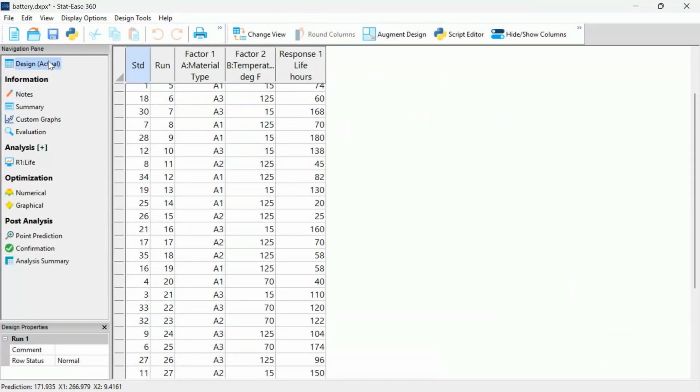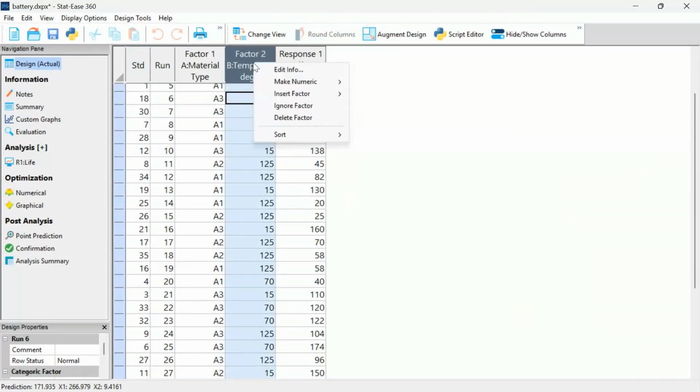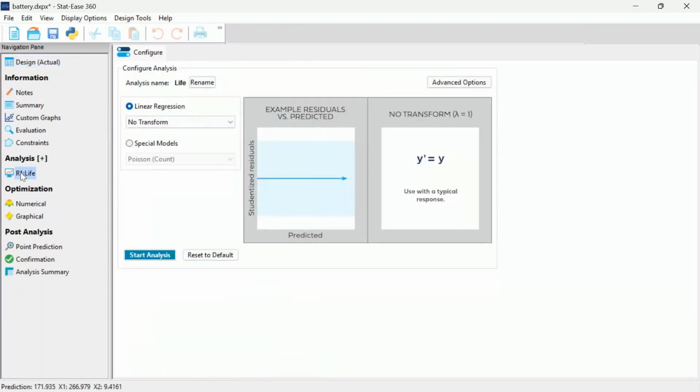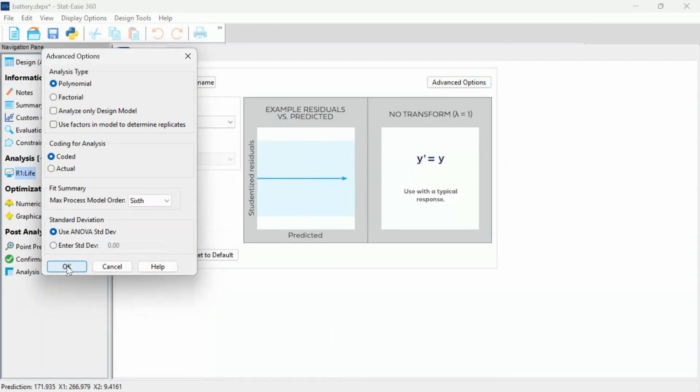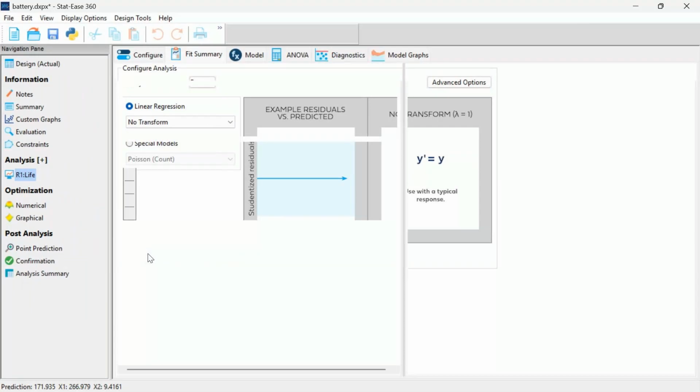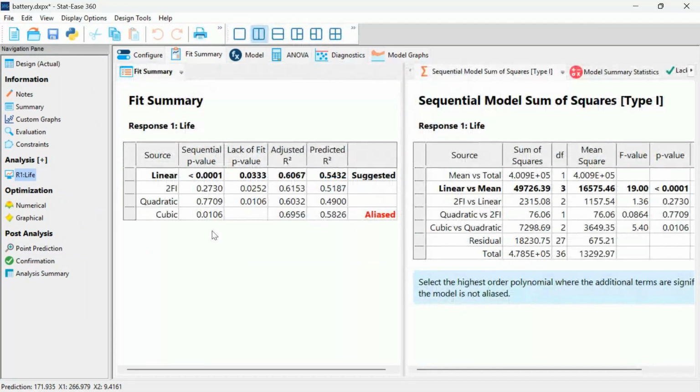And so basically, this factor originally is set up as categorical, which is fine, but it's going to be more sophisticated to make this a continuous numeric. And then when we do the analysis of this, we get into this advanced option to treat the analysis as a polynomial model. And now we get this buildup of fit summary.